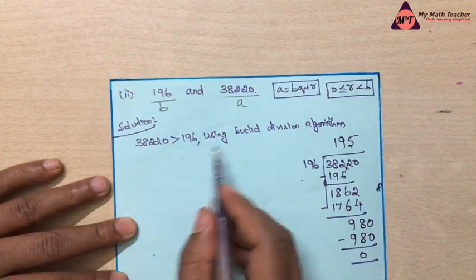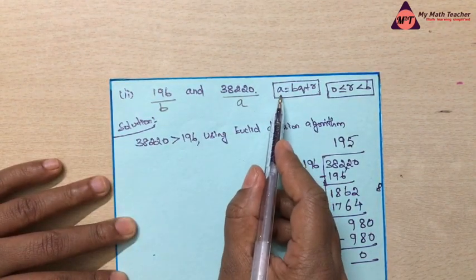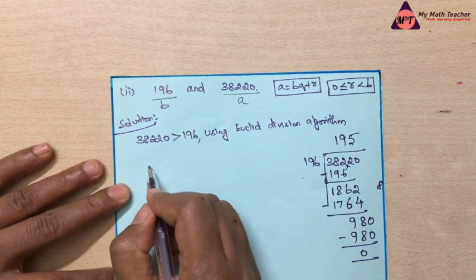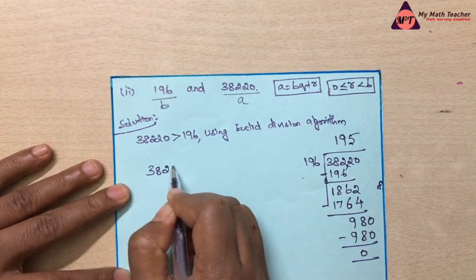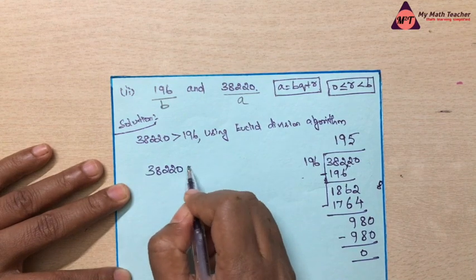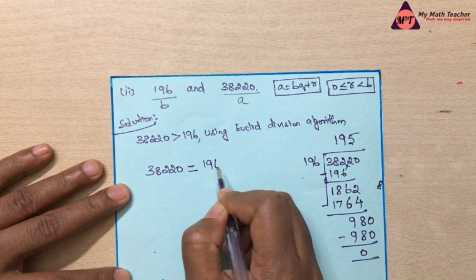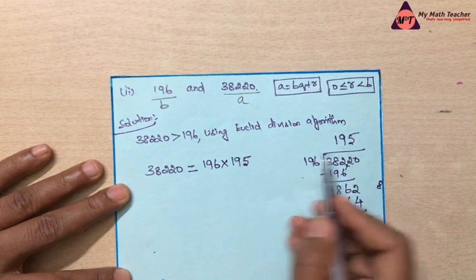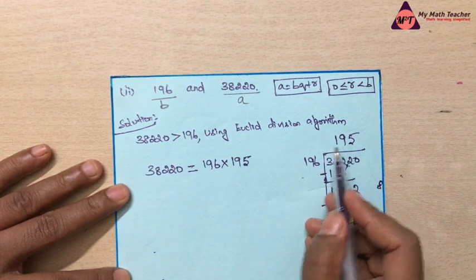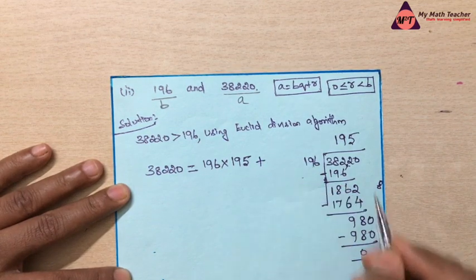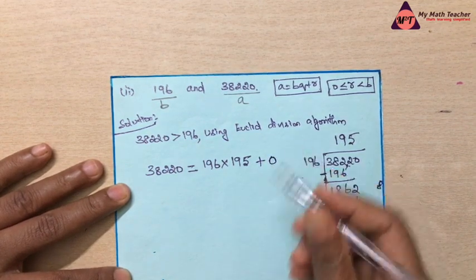Now apply here in this condition. So what is the dividend, A? 38,220 is equal to, what is B? 196, okay, multiplied by the quotient. What is the quotient? 195 plus the remainder. What's the remainder? Remainder is 0. Okay.